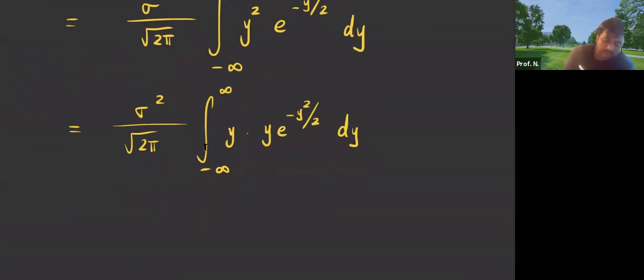I'm going to use integration by parts. I'm going to say u is equal to y, and v prime is equal to y e to the negative y squared over 2.